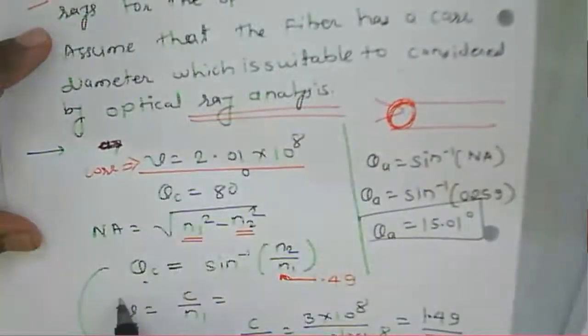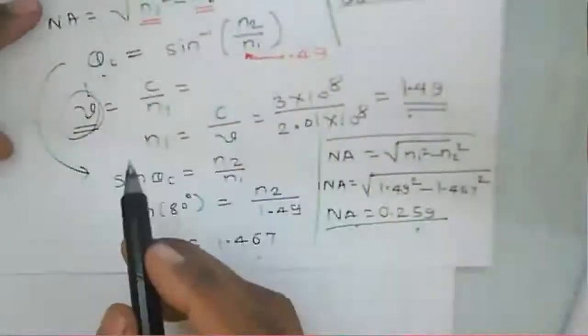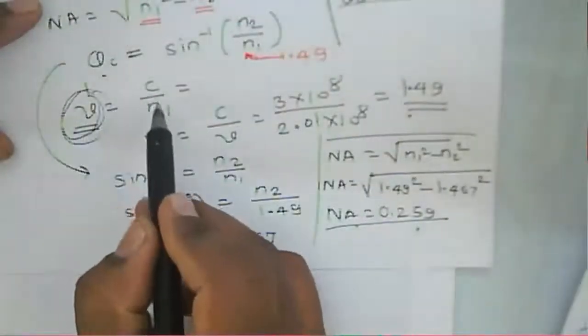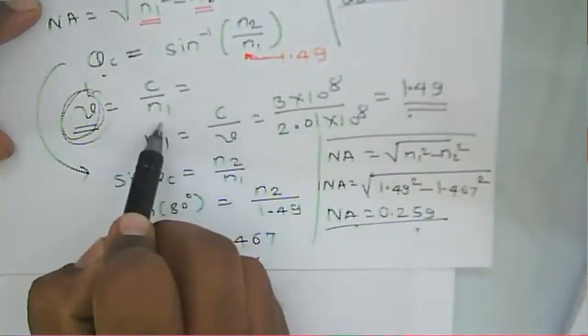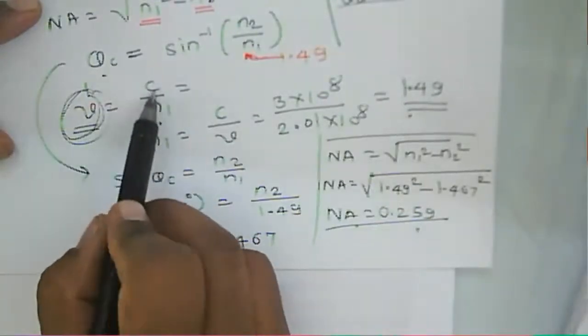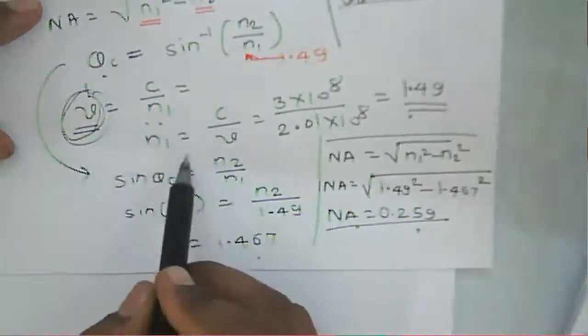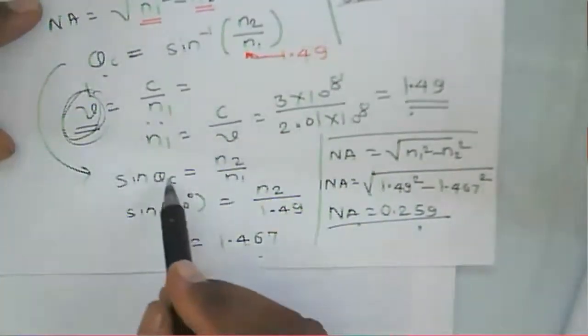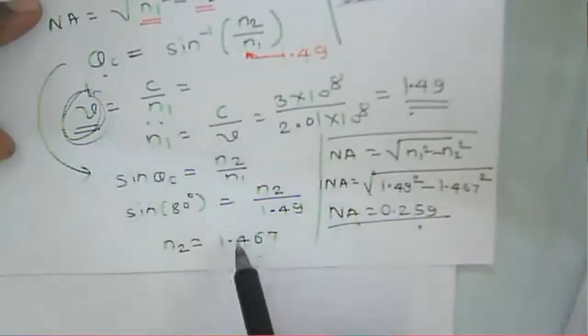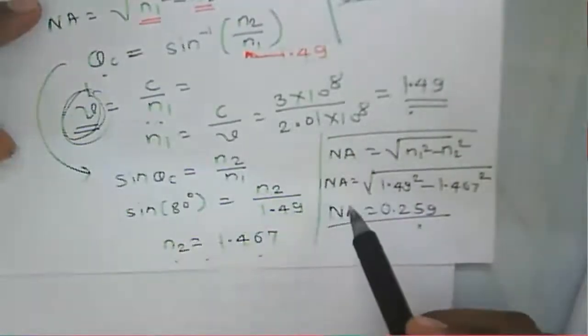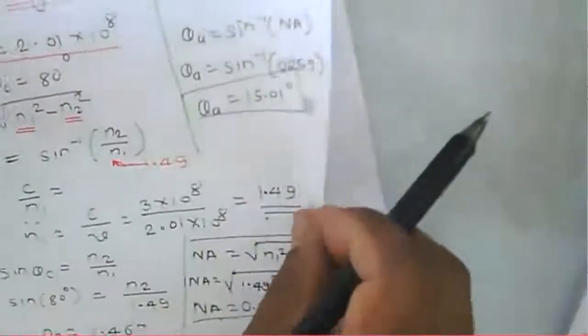So we know that the velocity of light in a core depends upon the refractive index of the core. So that's the speed of light here, and this one is about n1. So we'll get n1 from this, and then from the critical angle equation we'll get n2. Then similarly you can find out the numerical aperture and then the acceptance angle of the fiber there.